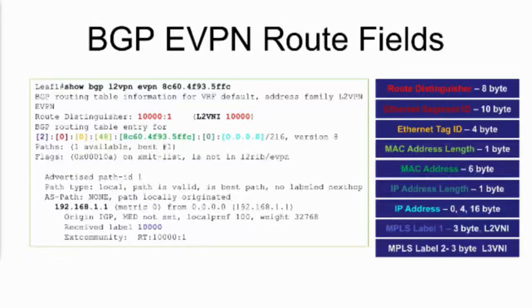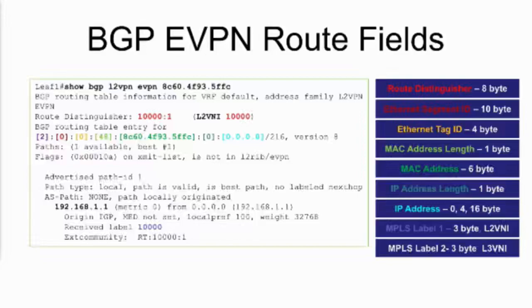The first section, highlighted in purple, is the route type, which is 2. Then you have the Ethernet segment ID, Ethernet tag ID, the MAC address length, which is 48. Then it shows the MAC address. Remember, this is a layer 2 VNI, so it will only have layer 2 information, the MAC address, not MAC plus IP.